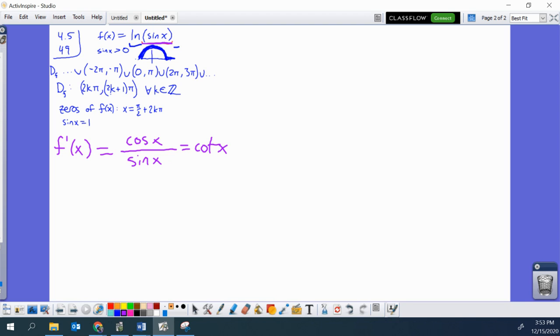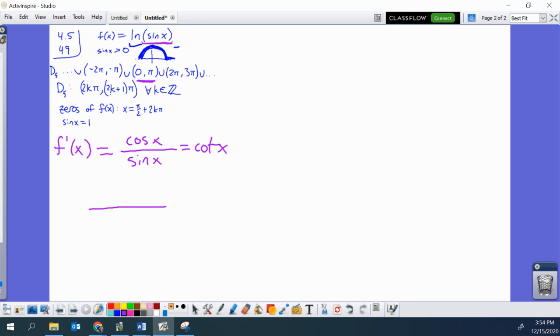That's f prime. And we want to find kind of a sign chart for f prime of x here, for cotangent of x. That should be easy enough. Really, we only need to look at the domain. So we're looking at these intervals 0 to pi, 2 pi to 3 pi, right? It's going to be the same thing with cotangent as the cosine and sine in that it's going to repeat its values over those intervals.